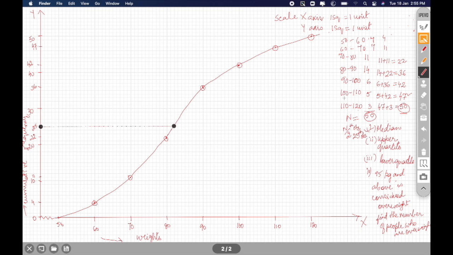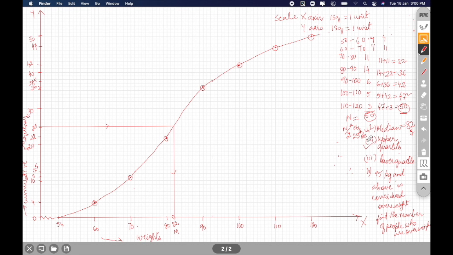Fine. Next, from this point on the ogive, I have to drop a perpendicular to the x-axis. So when I drop a perpendicular to the x-axis, I will see that this particular point, that is 82, turns out to be the median. So the median is 82. So please give an arrow because we have come in this direction.